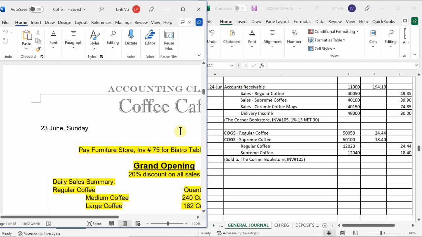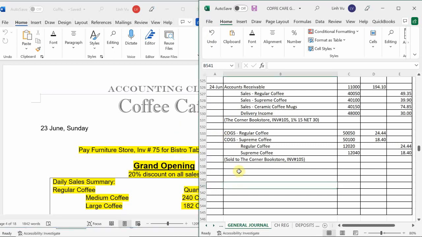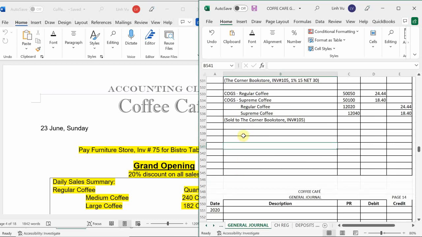Now, what I'm going to do for the sake of this is we're not going to go back and correct everything completely, because this is what usually happens if you end up forgetting a transaction. This is what you normally do. So when we put our notes in here, we are going to make a note saying that we are backtracking for the purchases and recording it as of June 24th.